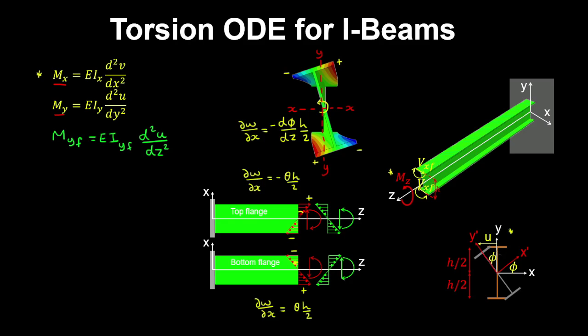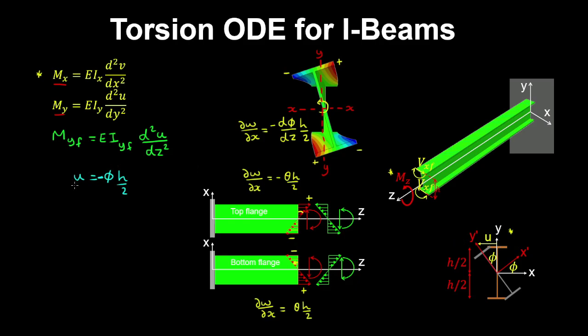And as we can see, when the beam twists, we have a relationship between a lateral displacement u being equal to the angle of twist by h on 2. And this displacement in the top flange is in a negative x direction.